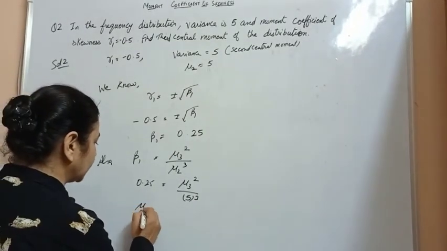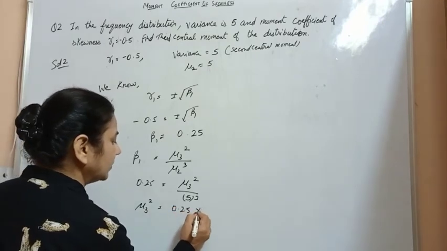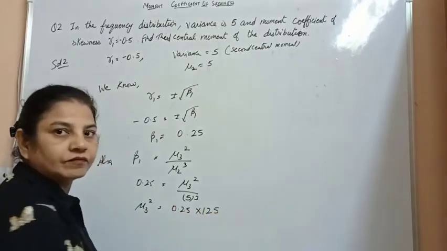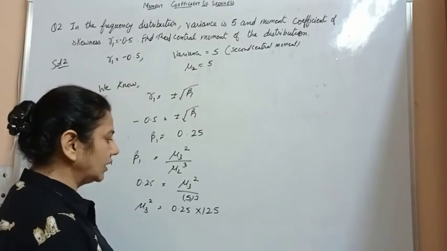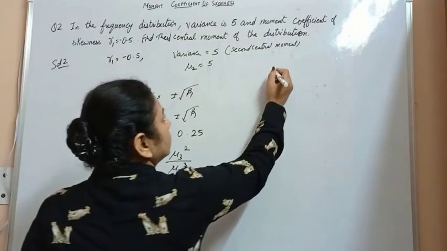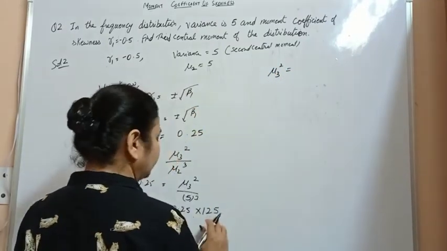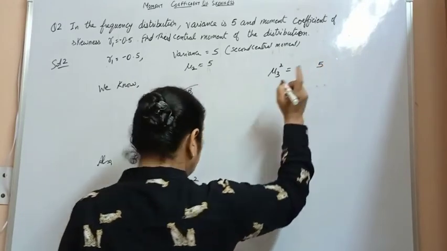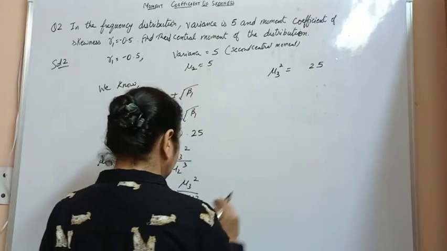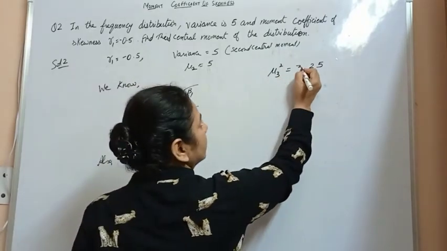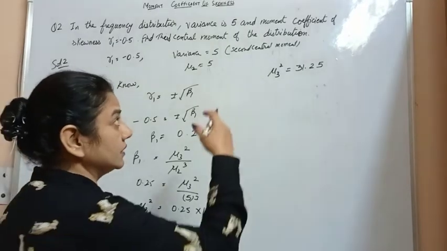Cross multiply to calculate the third central moment. So multiply 0.25 into 125. This gives me the result: the third central moment square is 31.25.